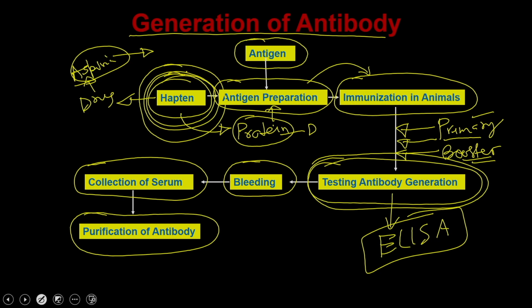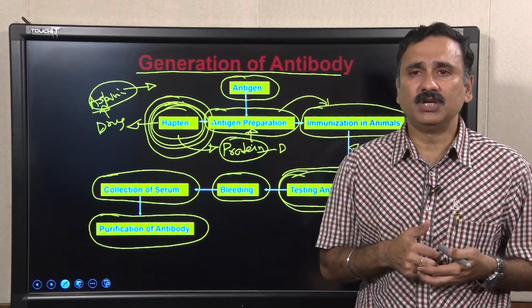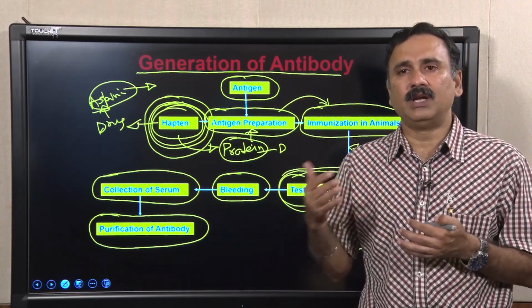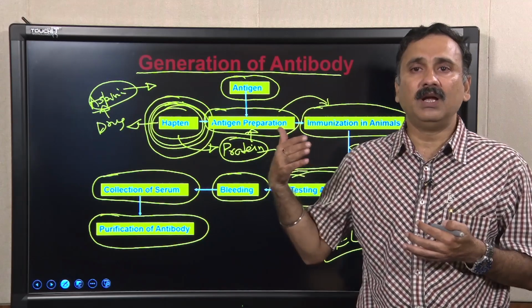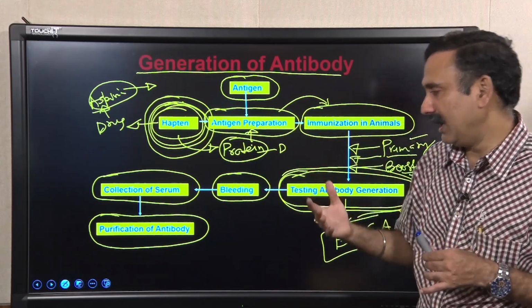So, you can purify the antibody which you have developed against this antigen, and you can use that subsequently in affinity chromatography. So, let us discuss these procedures in detail.